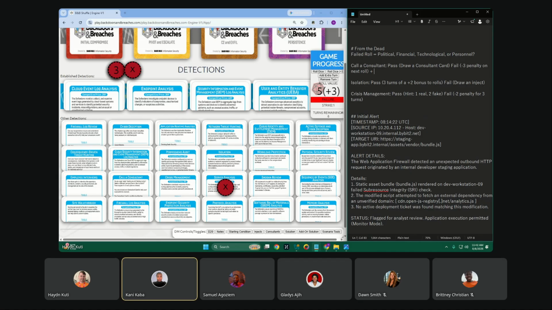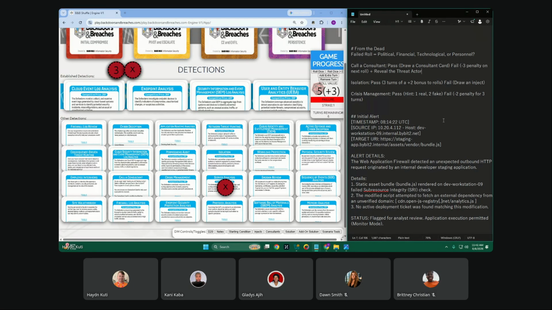Because something can just give us a hint. If I understand, in the detail, number one is static asset bundle render on dev workstation failed. Subresource integrity.